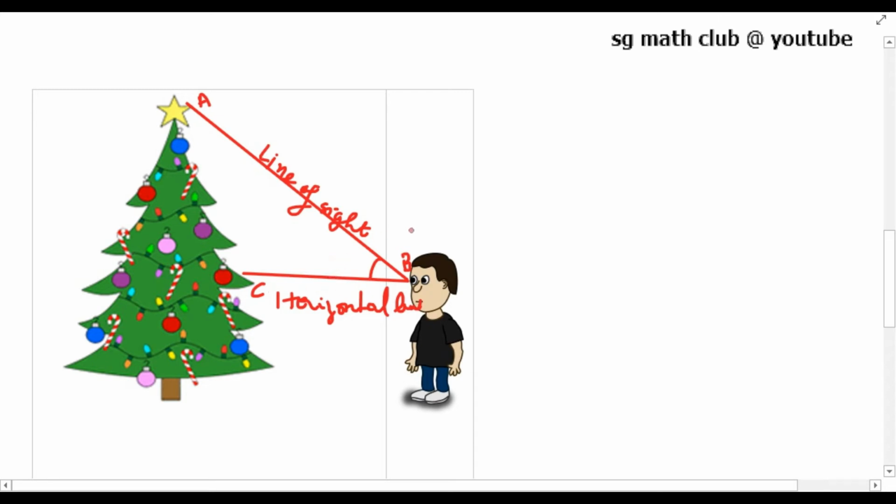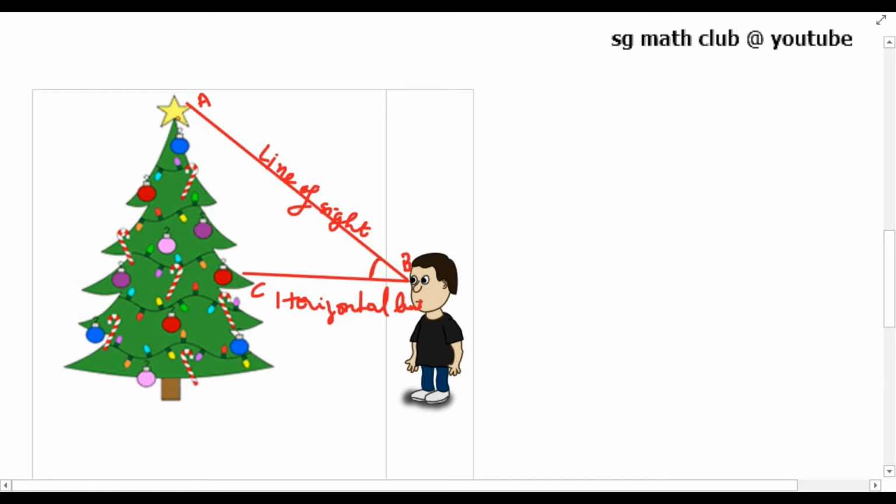Line of sight is the line drawn from the eye of an observer to the point in the object viewed by the observer. He is looking at the top of the tree. And angle of elevation is the angle formed by the line of sight with the horizontal when it is above the horizontal level.